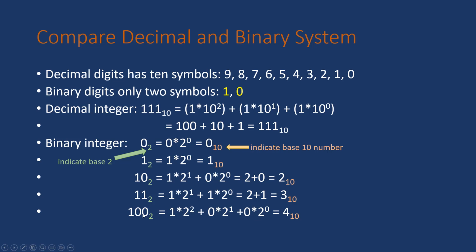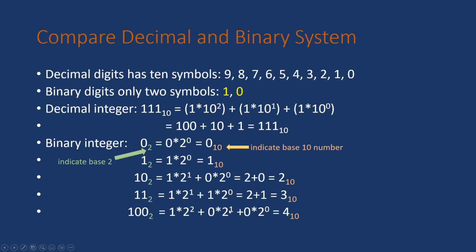So here, 0 is 0 multiplied by 2 to the power 0, and 0 multiplied by anything is 0. For the second position, we count the positions from 0, 1, 2 in that way.